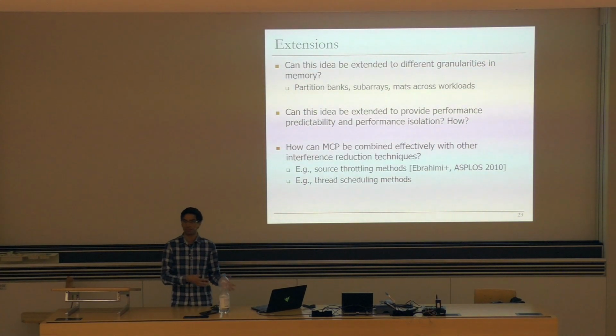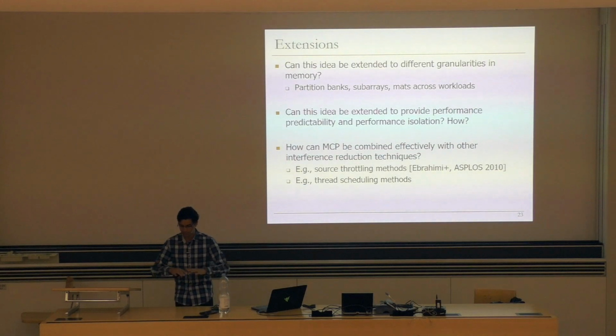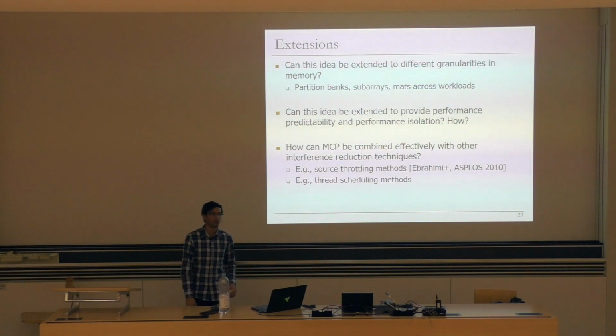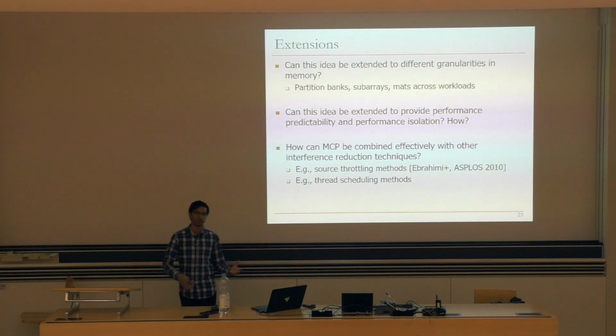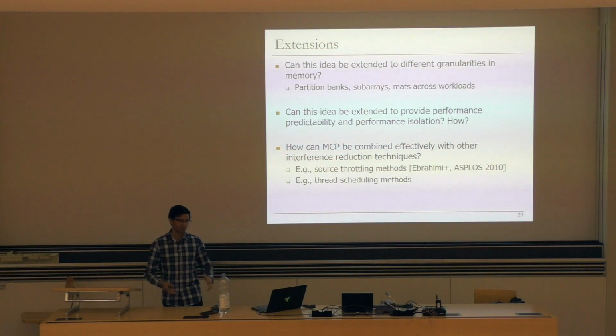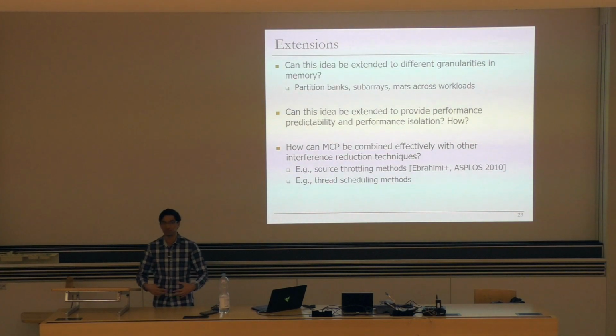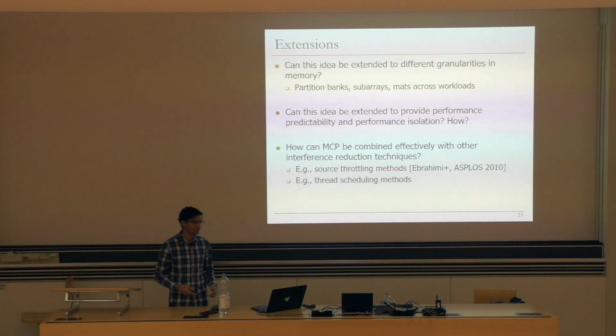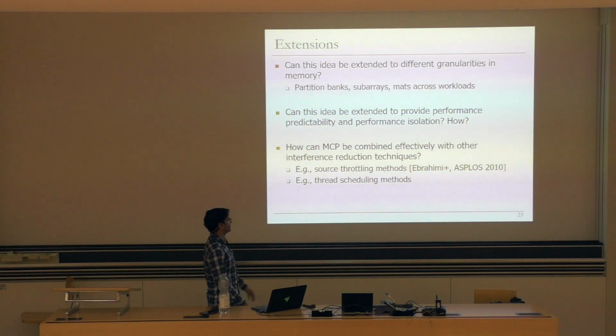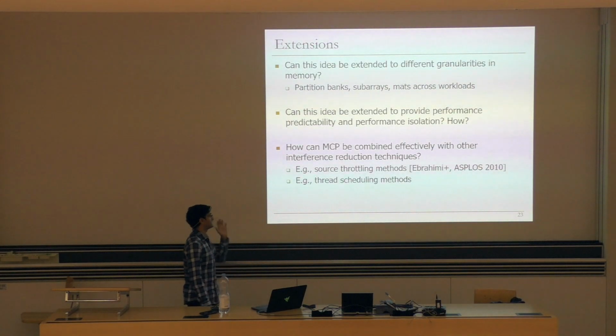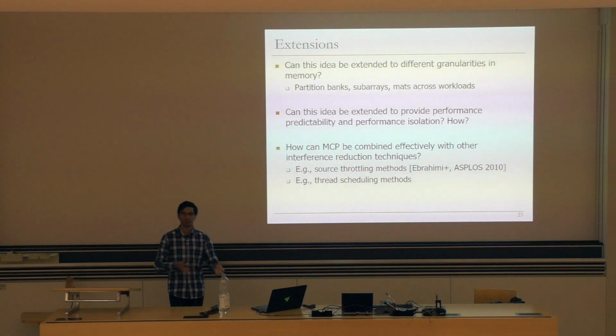This brings fairness back to other applications, but it also provides some measure of interference reduction, because if there's a low memory intensity workload running alongside this beast, then that one won't suffer as much if we throttle the one that's asking for a lot of memory. One example is this paper in ASPLOS 2010, which does exactly what I described at the thread granularity.